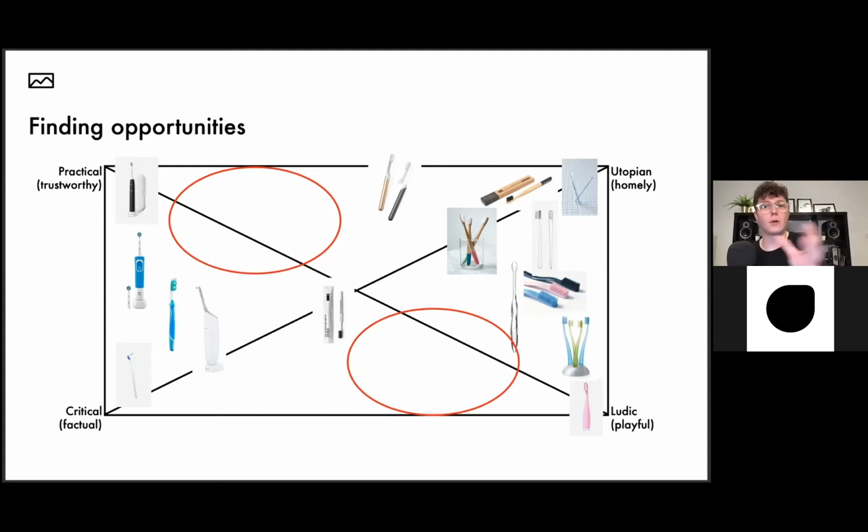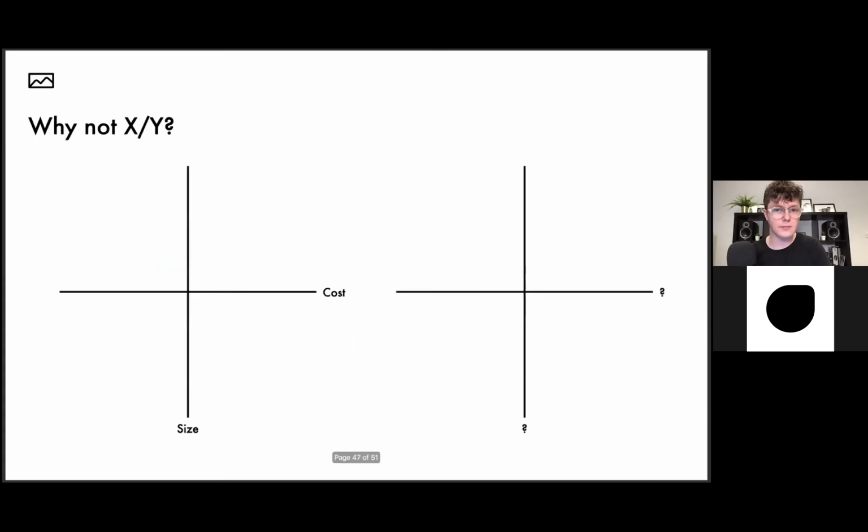If you move from one, you take values away from the other, and vice versa if you go up and down as well. So yeah, why not X and Y? Because the axes could be anything, and I think personally it devalues the integrity of the research you're doing if you just plucked, okay, let's do cost and let's do color, let's do size and let's do weight.